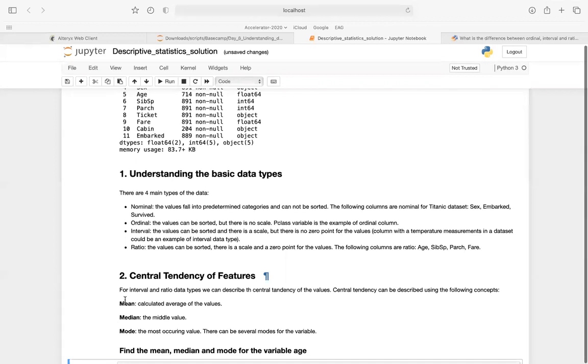If I tell you that in a batch of 100 people, the average score is 70, I know that the majority of the students have got around 70. That's how I can use the mean and talk about my entire data set.